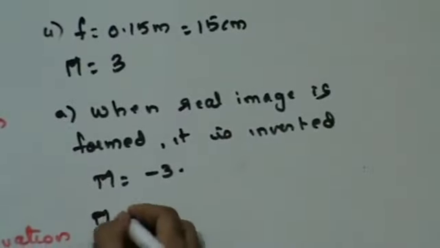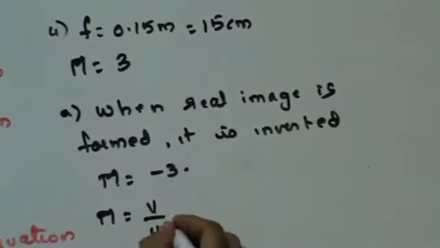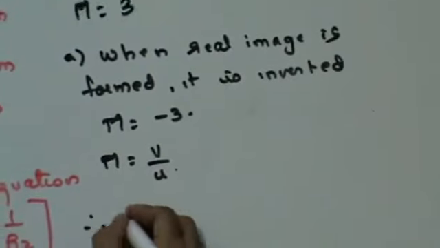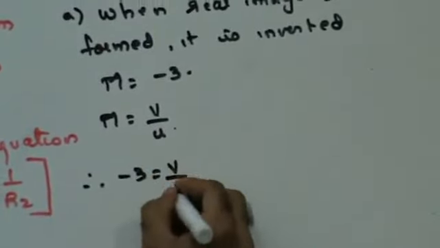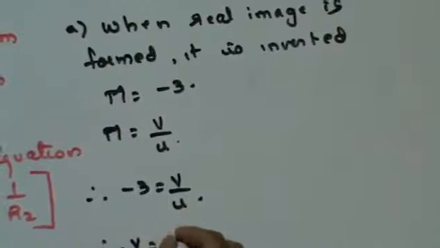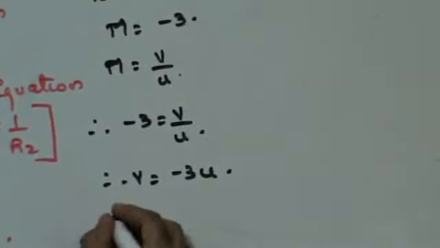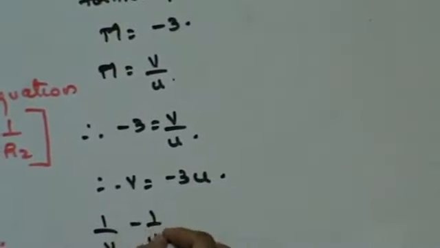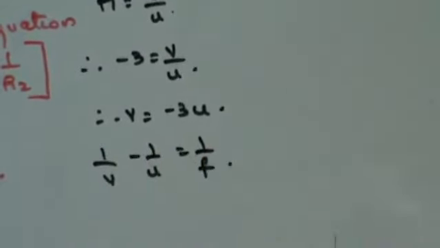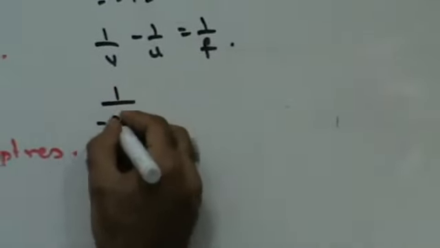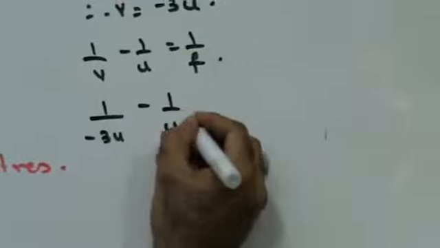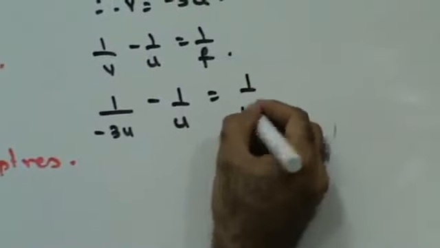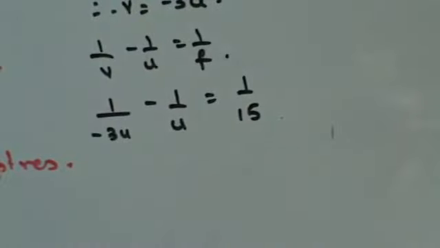Magnification is given by the formula V upon U. Therefore -3 is V upon U, so V is -3U. Then I can use the convex lens formula, 1 upon V minus 1 upon U is 1 upon F. So here I will get 1 upon -3U minus 1 upon U is 1 upon 15.